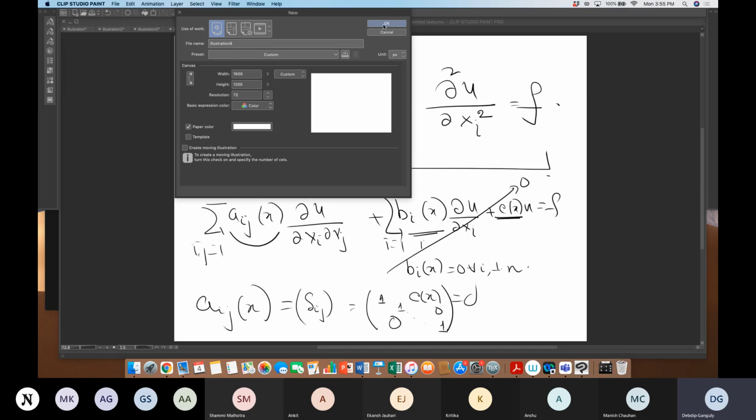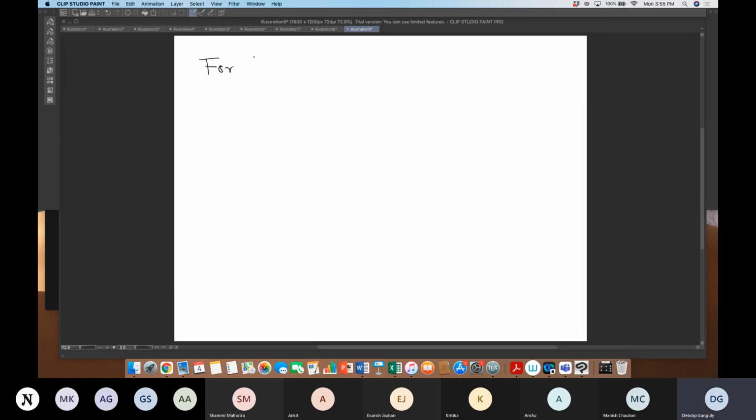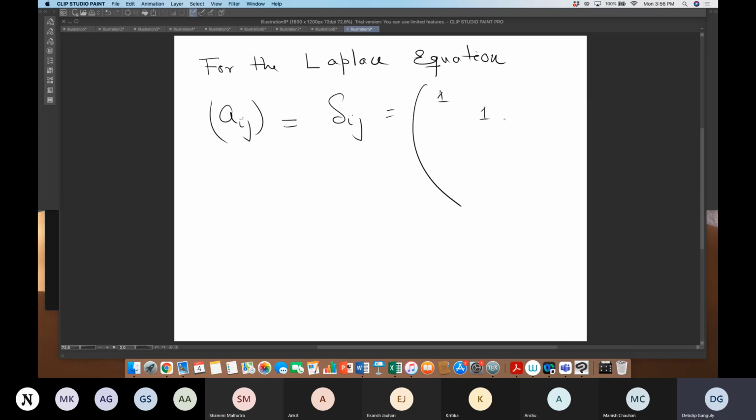For the Laplace equation, the a_ij matrix is delta_ij. It looks like 1, 1, 1, dot, dot, dot, with 1 in the diagonal elements, 1 if i equal to j and 0 if i not equal to j. This is the matrix for the Laplace equation, and of course the vector b is 0 and c(x) is 0.